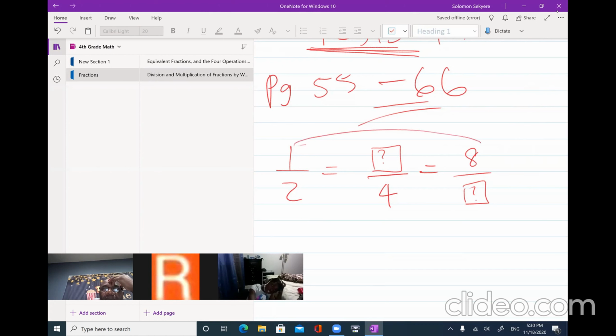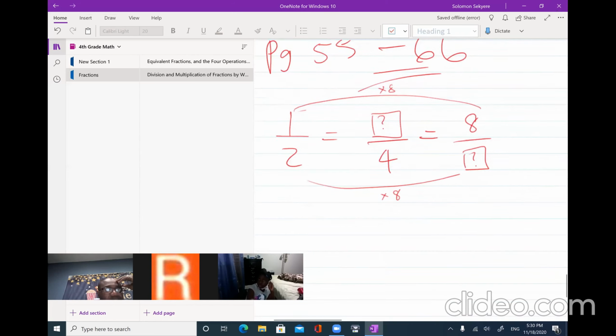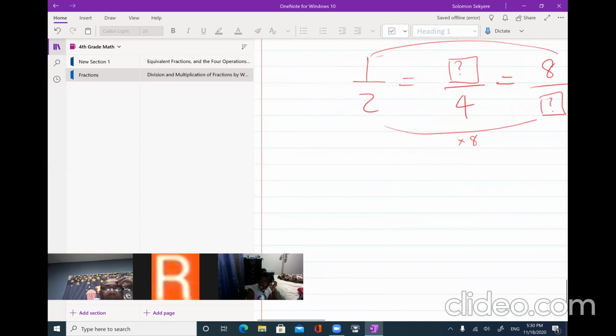For the first one it's 2/4, and for the next one, 8 over what? 1 changes to 8, 2 we change to what? 16. Yes, it would be 16/8.